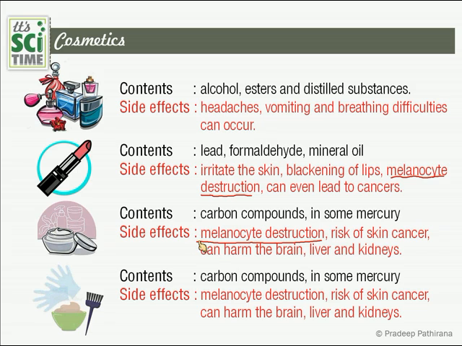Melanocytes are the cells which produce the melanin. And hair coloring can cause the same thing, and especially when using some artificial creams and artificial dyes, there is a risk of cancer, and also a risk of kidney failure. You can see them here.